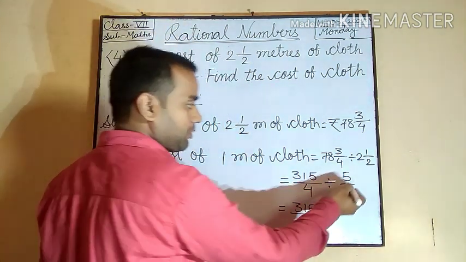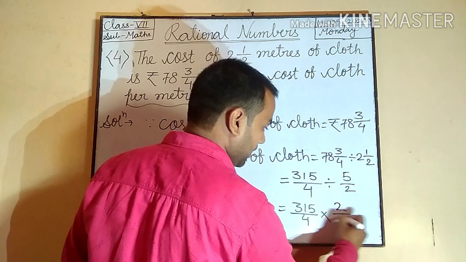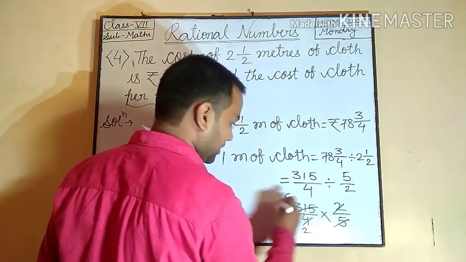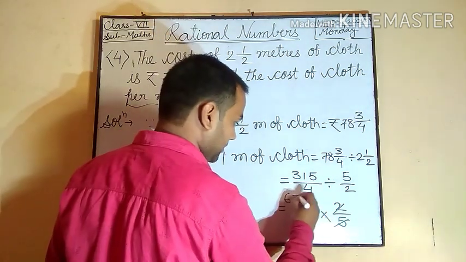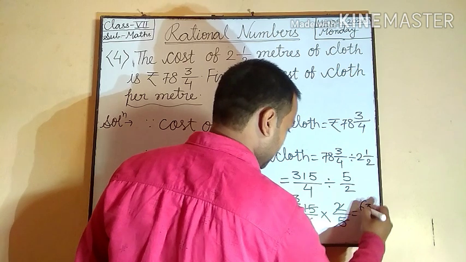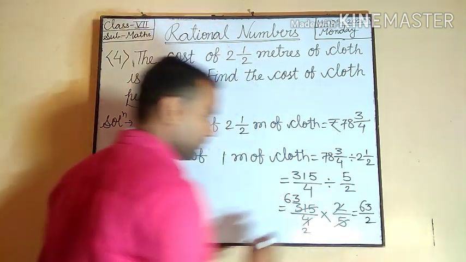So we take the reciprocal of 5 by 2, so 2 by 5. 2 into 4, 6, 5 fives are 30, or 5 threes are 15, is equal to 63 upon 2.